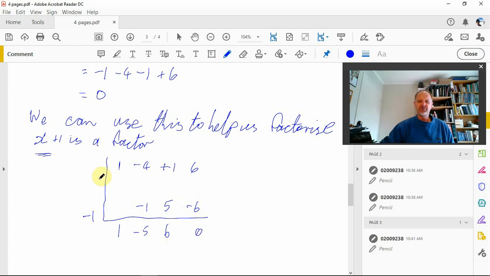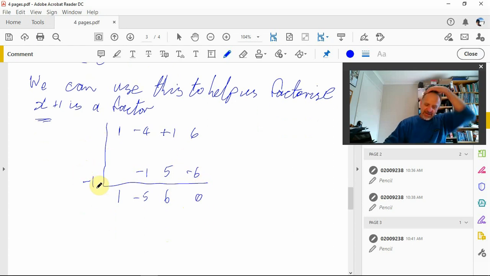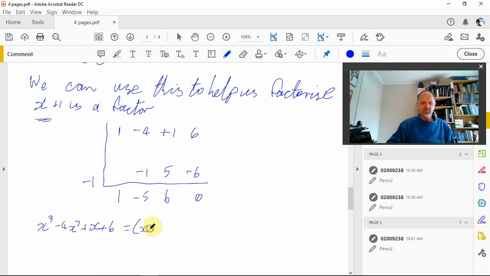The remainder, beautiful. So what that means is that x cubed minus 4x squared plus x plus 6, I should say, is the same as x plus 1, which was one factor, and we've now found another factor. This is our x squared coefficient, minus 5x plus 6.